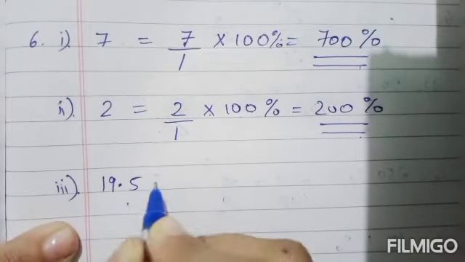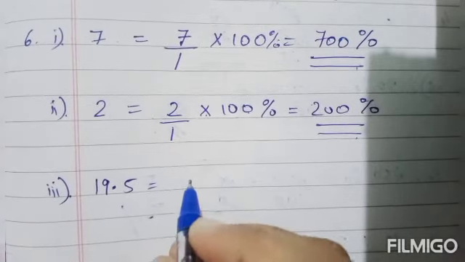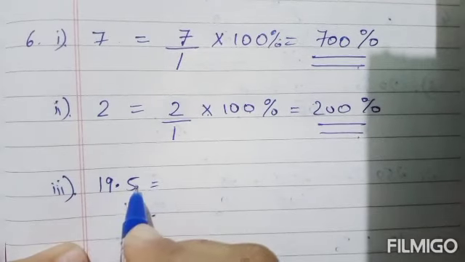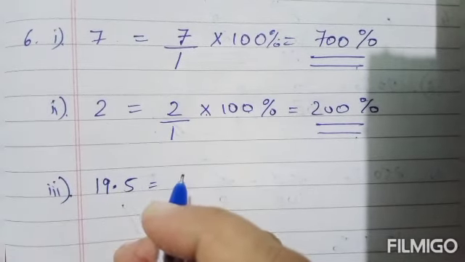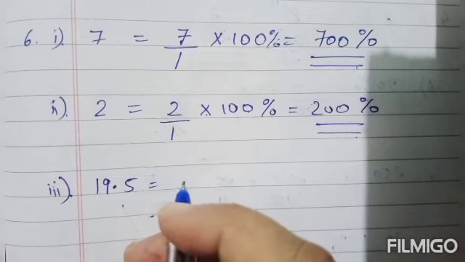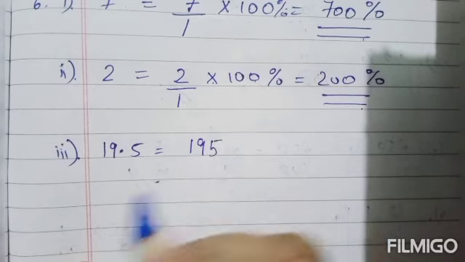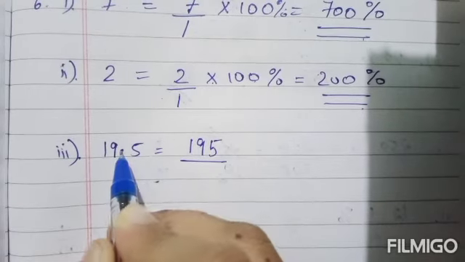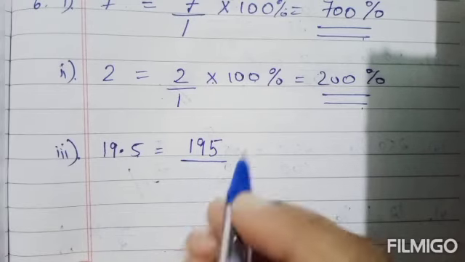Okay. Third one, 19.5. So 19.5, how can we write it in fraction? First, this is in decimal form. How can you write a decimal fraction in fraction form? First, write the decimal form without the decimal point, 195, divided by, after the decimal point, 1 digit is coming. So what will be the denominator?